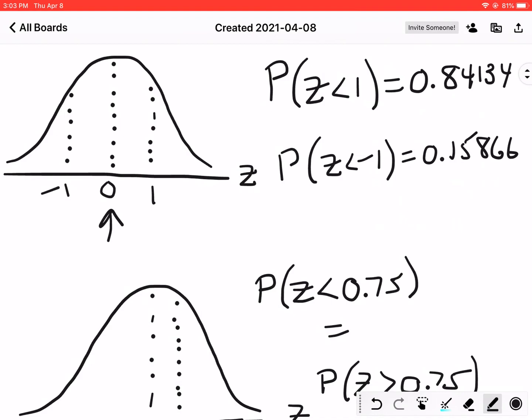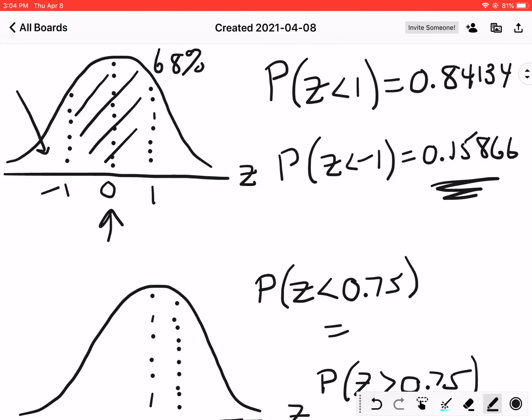You might have seen in the lesson where it said that I believe it was 68% of the population is within 1 standard deviation of the mean. In other words, this area in there is 68%. And if you look at our numbers, this number right there says that is 15.866, or close to 16%.